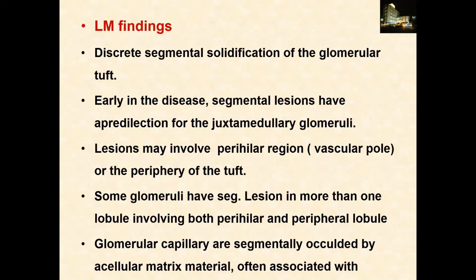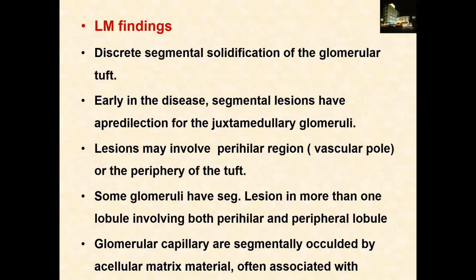Early in the disease, segmental lesions have a predilection for the juxtamedullary glomeruli, the anatomical site between the cortex and the medulla. A lesion may involve the perihilar region where the vascular pole lies, or it may involve the periphery of the tuft. Some glomeruli have segmental lesions in more than one lobule, involving both perihilar and peripheral lobules.